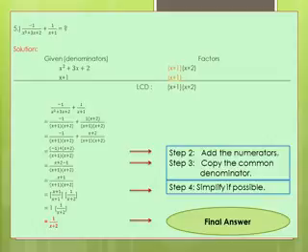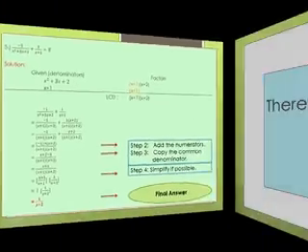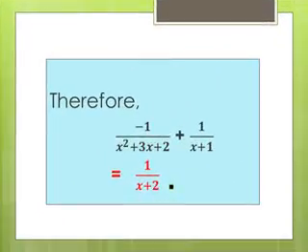So our final answer is 1 over x plus 2. Negative 1 over x squared plus 3x plus 2 plus 1 over x plus 1 is equal to 1 over x plus 2.